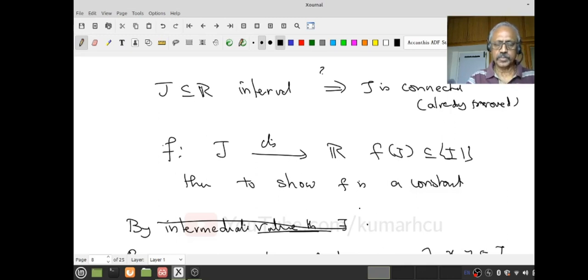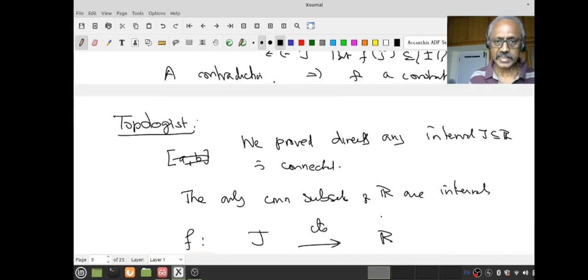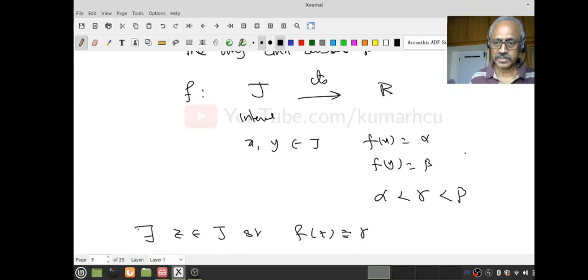Then I am going to prove any interval is a connected subset of R. Okay? You understood? In the second case, what I assume is that I know any closed and bounded interval in R is connected. Then I want to derive the intermediate value theorem. You follow that? So I proved both the things.